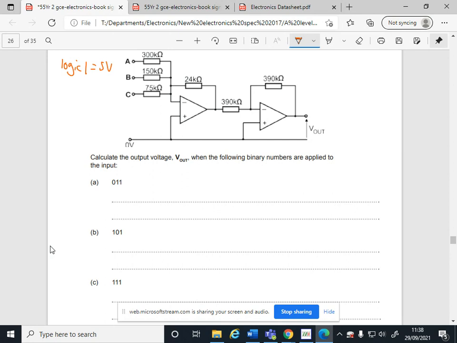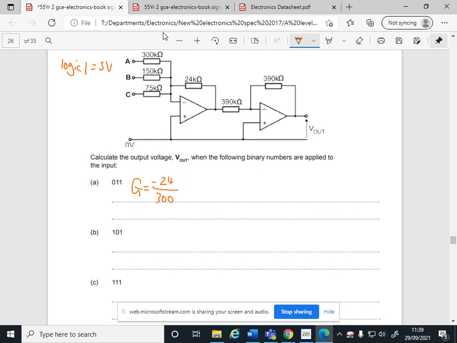What we need to do is we know that the output voltage is the input voltage multiplied by the gain. We can work out the gain quite easily by doing the gain for the least significant bit. So the gain equals minus RF over R1, minus 24 divided by 300.